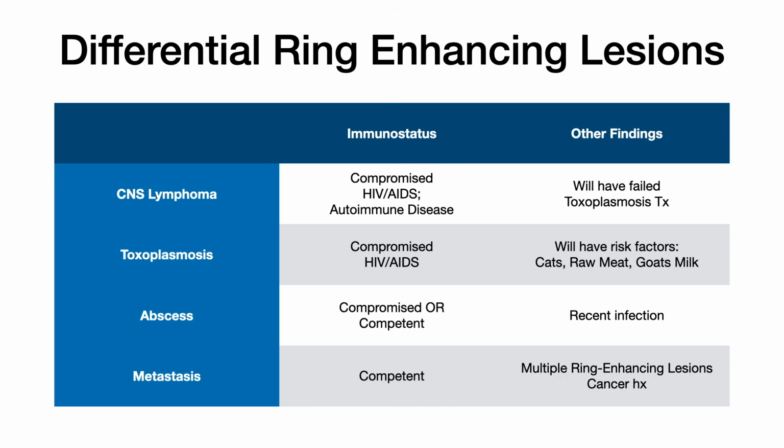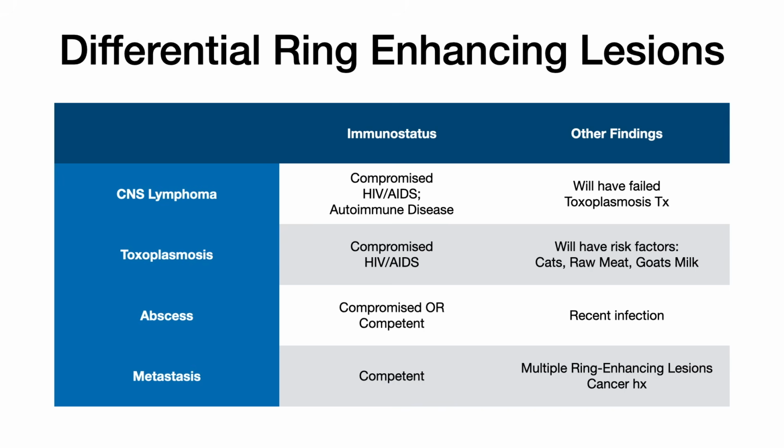Lastly, for metastasis, chances are on the exam, the patient will be immunocompetent. So they're very unlikely to have HIV/AIDS on your exam. And if they want you to pick metastasis on the exam, they will either give you that there are multiple ring-enhancing lesions, although again, solitary versus multiple doesn't really necessarily tell you metastasis, but metastasis is usually multiple lesions.